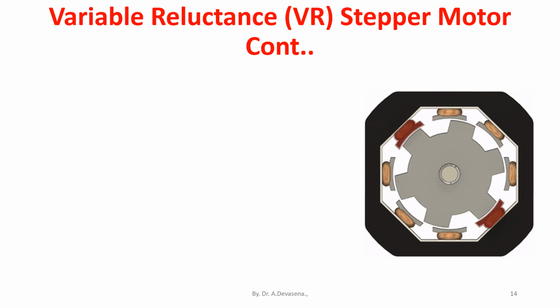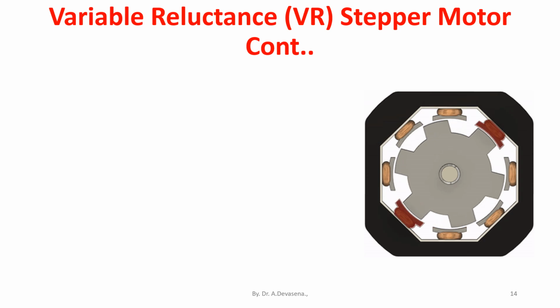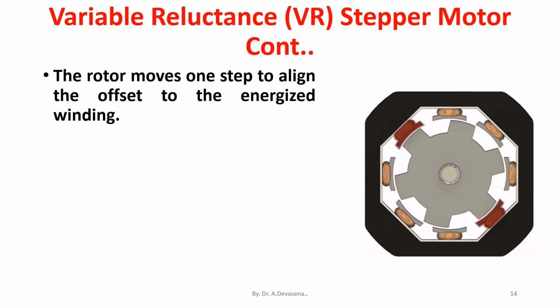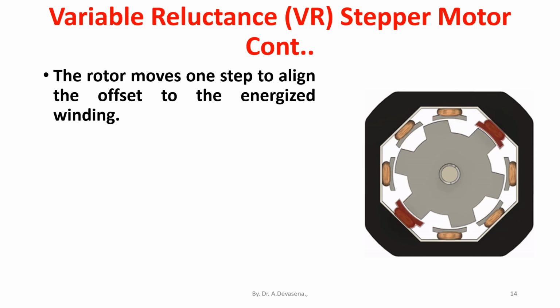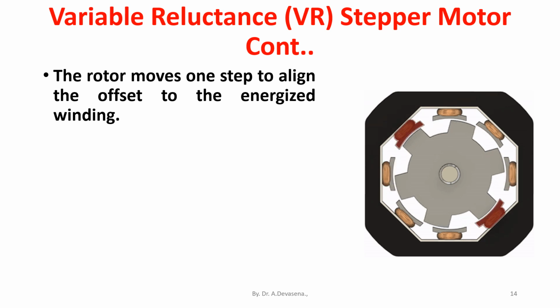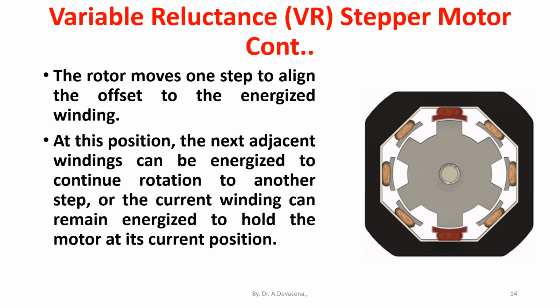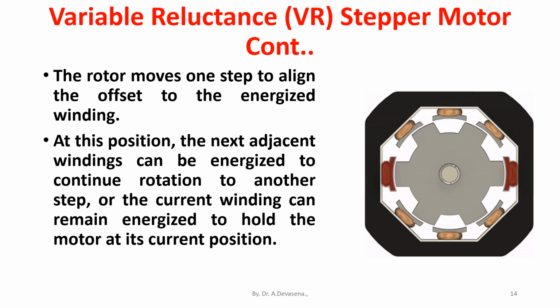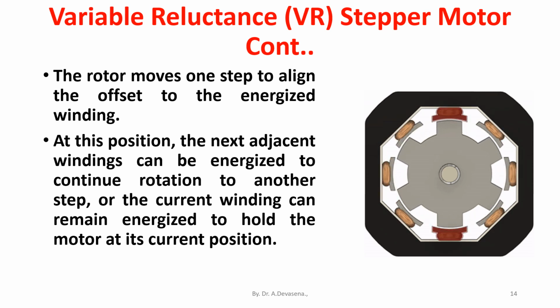The rotor moves one step to align the offset teeth to the energized winding. At this position, the next adjacent winding can be energized to continue rotation to another step, or the current winding can remain energized to hold the motor at its current position.